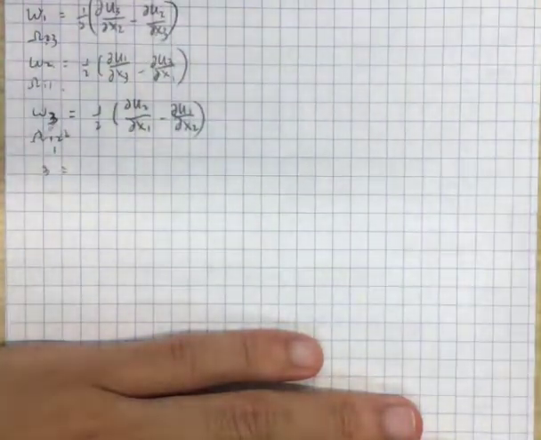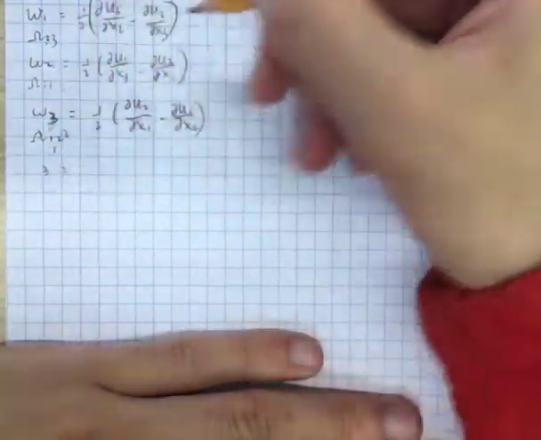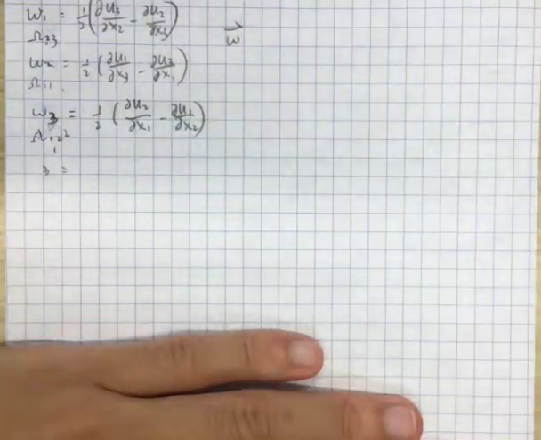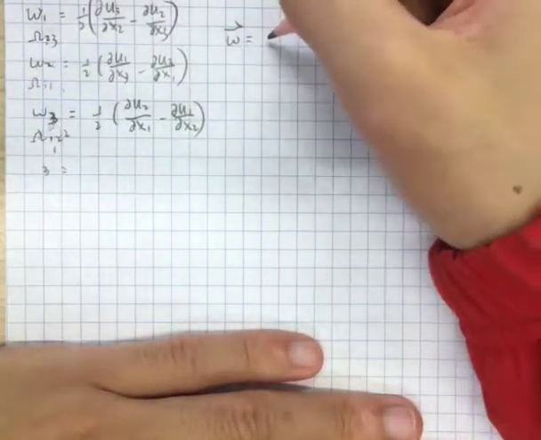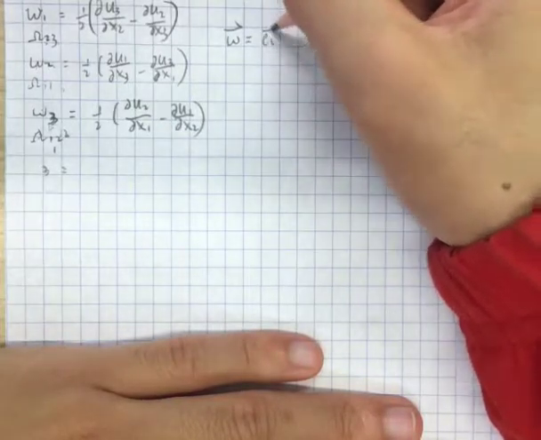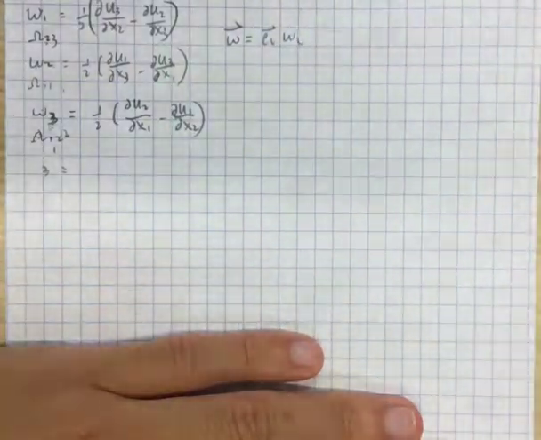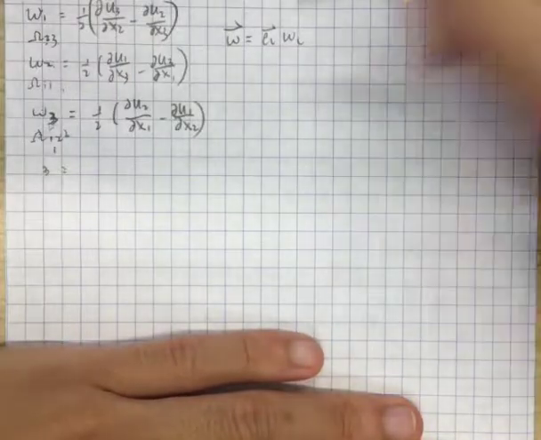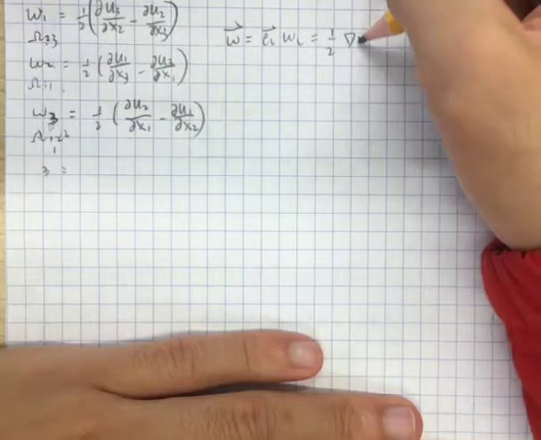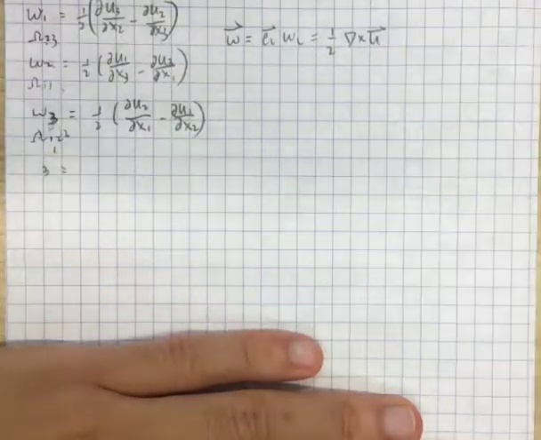Okay, so it seems that we can define an omega vector, right? An omega vector will have three components: omega 1, omega 2, omega 3, or you can say it's ei times omega i. And I claim that this thing is equal to half the curl.